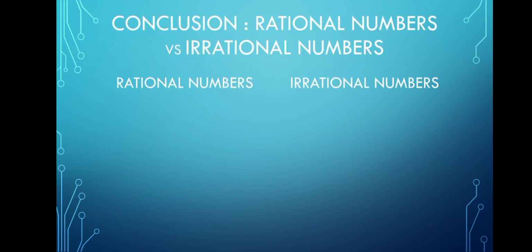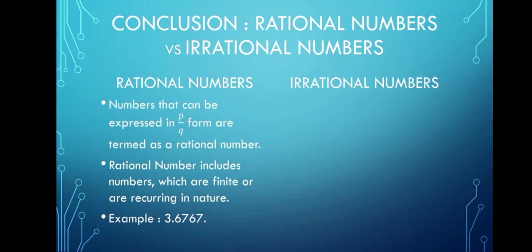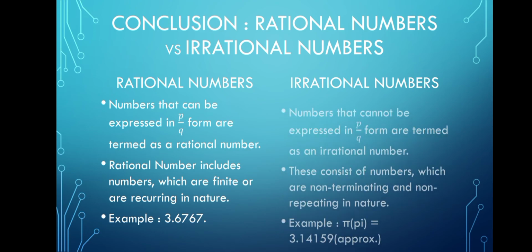Conclusion. Rational numbers versus irrational numbers. This is the point where you need to get additional knowledge. Rational numbers. Numbers that can be expressed in p by q form are termed rational numbers. Rational numbers include numbers which are finite or recurring in nature. Example, 3.6767. Irrational numbers.